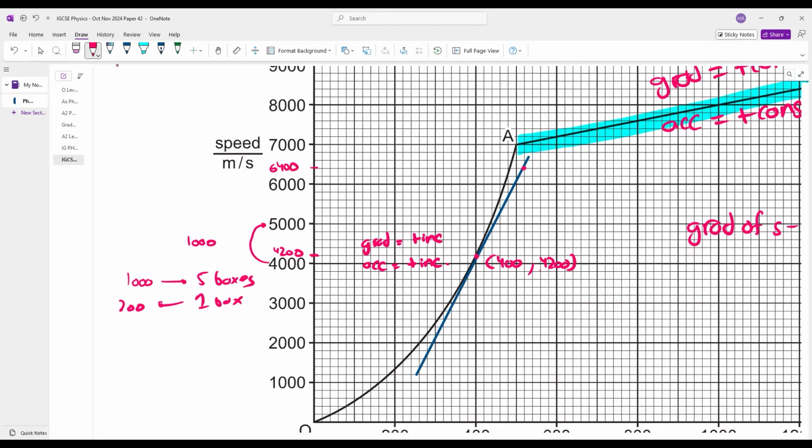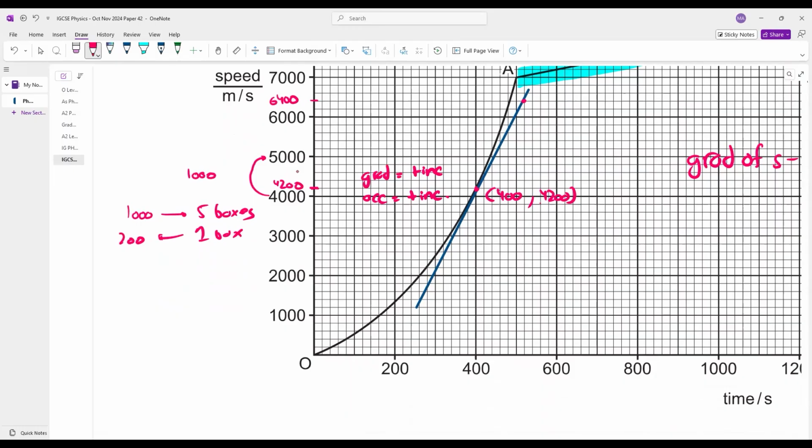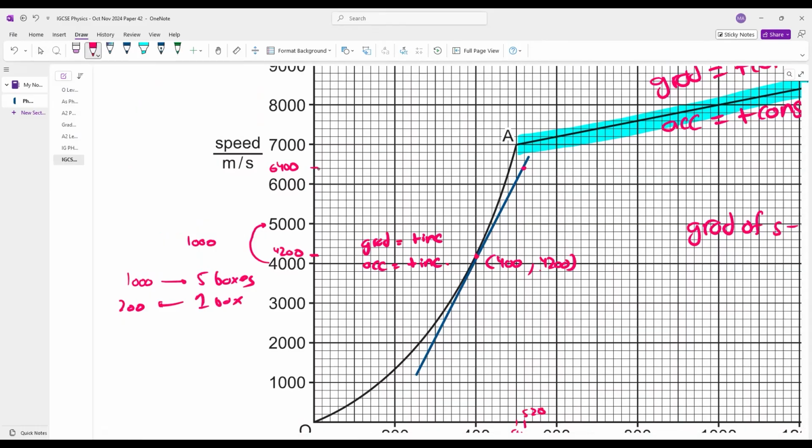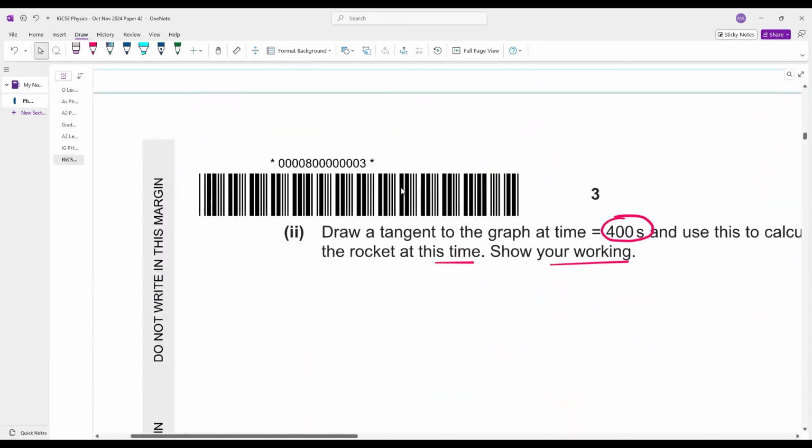And on the x-axis, this will be roughly here. Now, what is this? Let's find out. You are going from 400 to 600. You are covering 200 units in how many boxes? 10 boxes. One box will be equal to 20 units. This will be 500 and this will be 520. So you can write that this is 520 on the x-axis, 6,400 on the y-axis. So let's write these 2 points here.